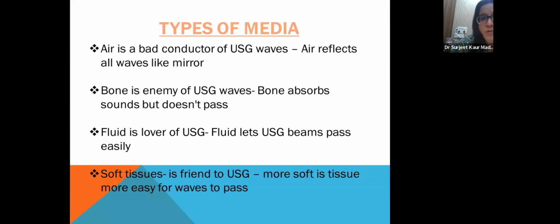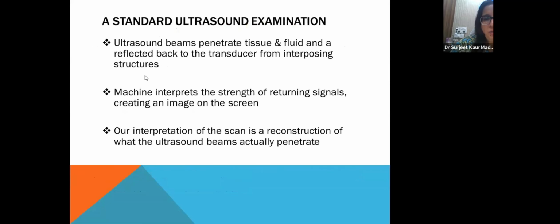Bone is the enemy of lung ultrasound; it absorbs the sound and doesn't let the waves pass through it. Fluid loves ultrasonic waves and lets all the beams pass easily. And the softer the tissue, the more easily the waves pass.